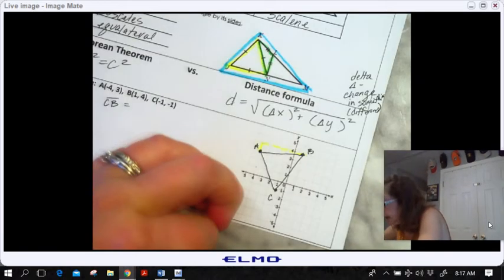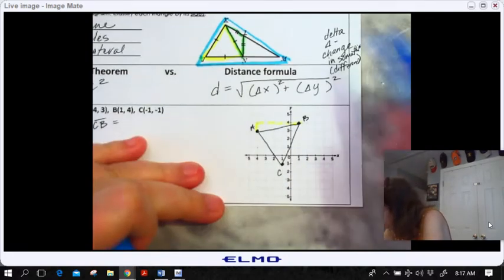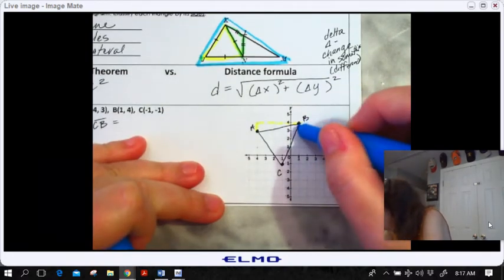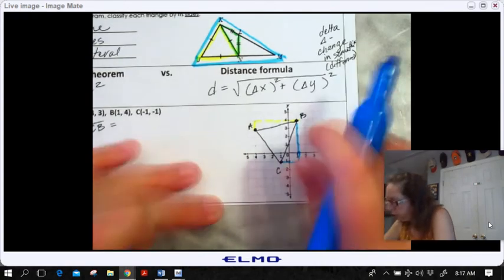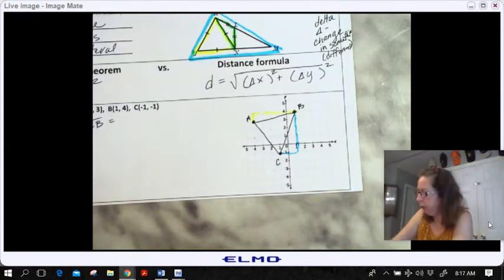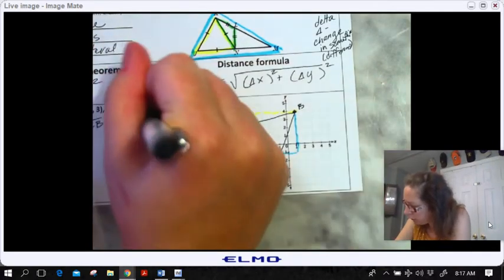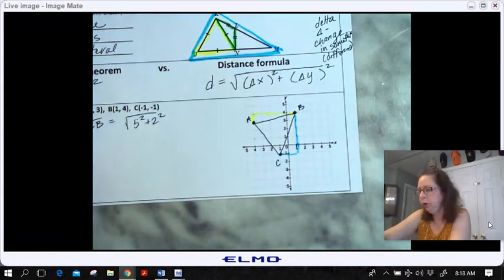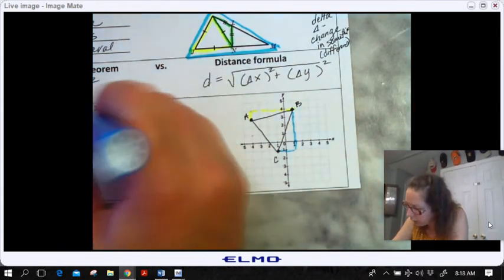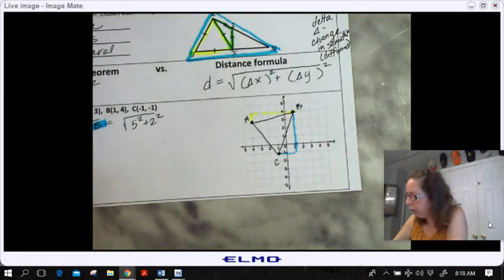So CB, I kind of do mix the Pythagorean theorem with the distance formula, if you notice. 1, 2, 3, 4, 5, 1, 2. So 5 squared plus 2 squared. And I guess I can go ahead and color these as well so that you know which side I'm doing. So AB was yellow.